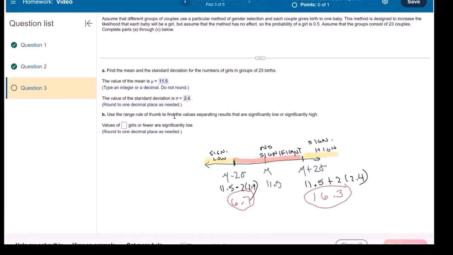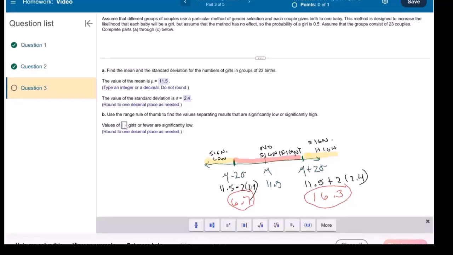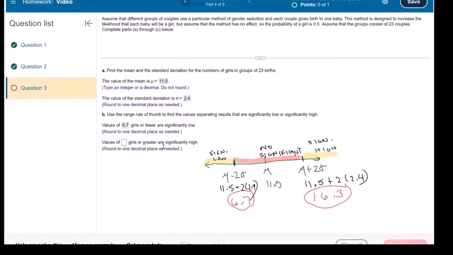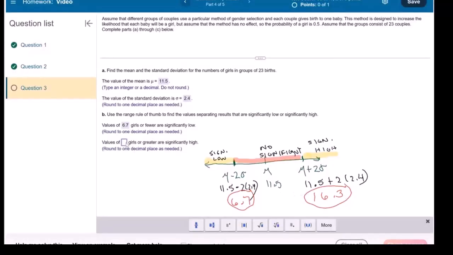Use the range rule of thumb to find the values separating results that are significantly low or significantly high. Values of 6.7 girls or fewer are significantly low, 6.7 on the low end. Values of 16.3 or greater are significantly high.